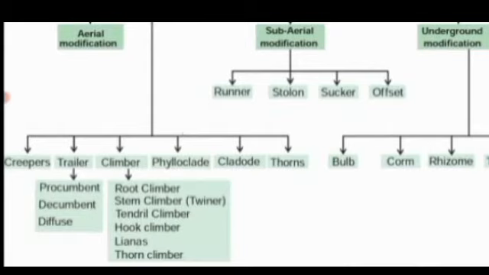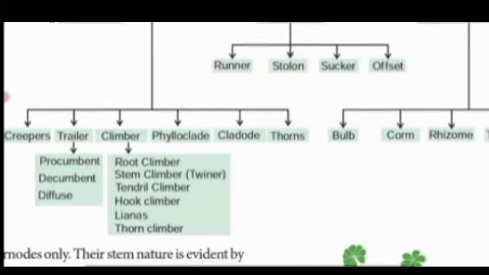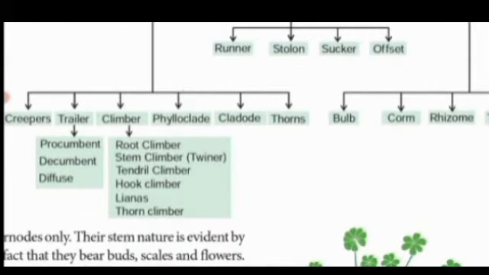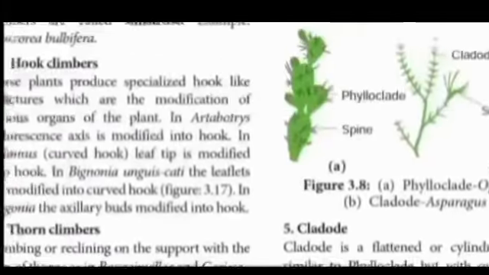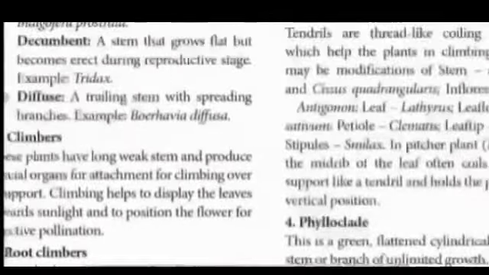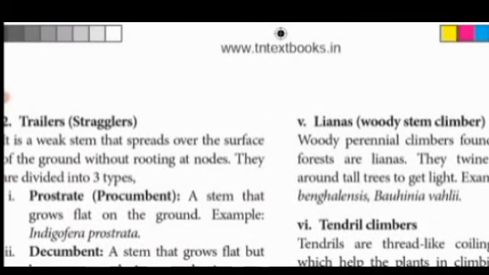Trailers, which are aerial modifications, are again classified into procumbent, decumbent and diffuse. The climbers are modified into root climbers, stem climbers, tendril climbers, hook climbers, lianas, and thorn climbers. These are some of the stem modifications, classified into different categories.